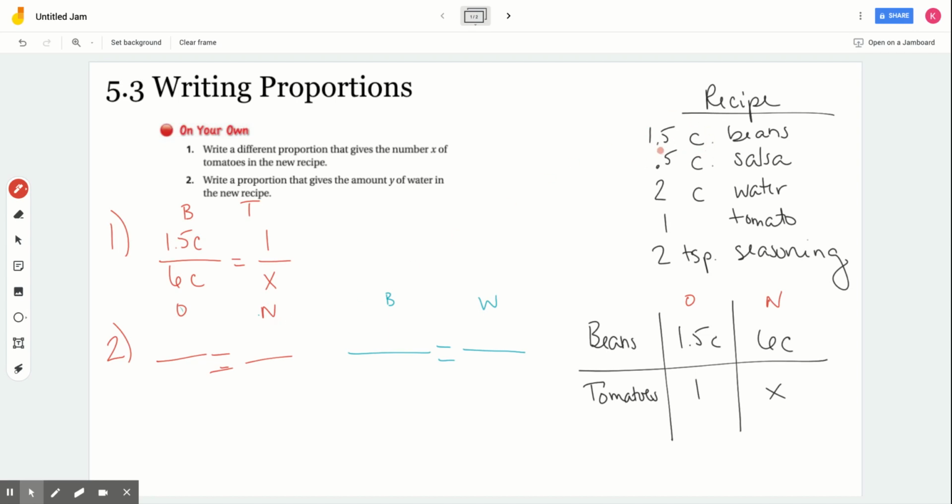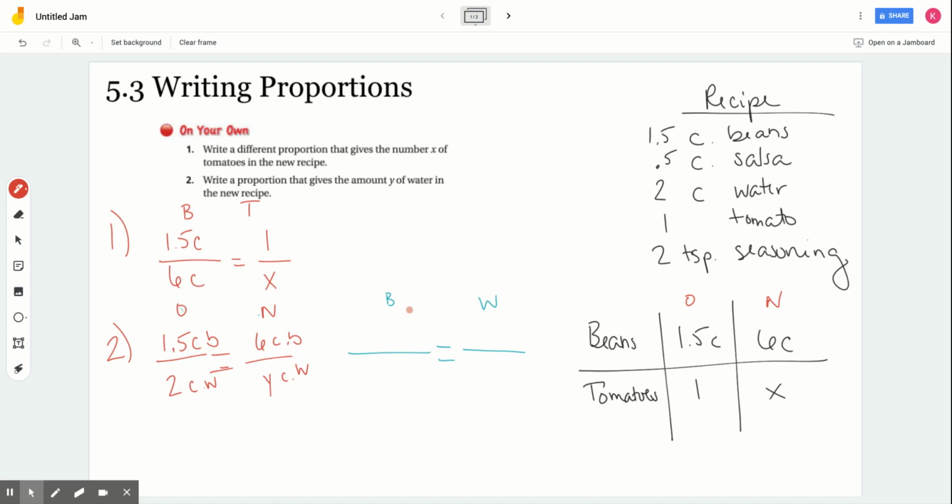So the old recipe had 1.5 cups of beans to 2 cups of water. So I'm going to label a little bit further here. The new recipe we know has 6 cups of beans to Y cups of water.